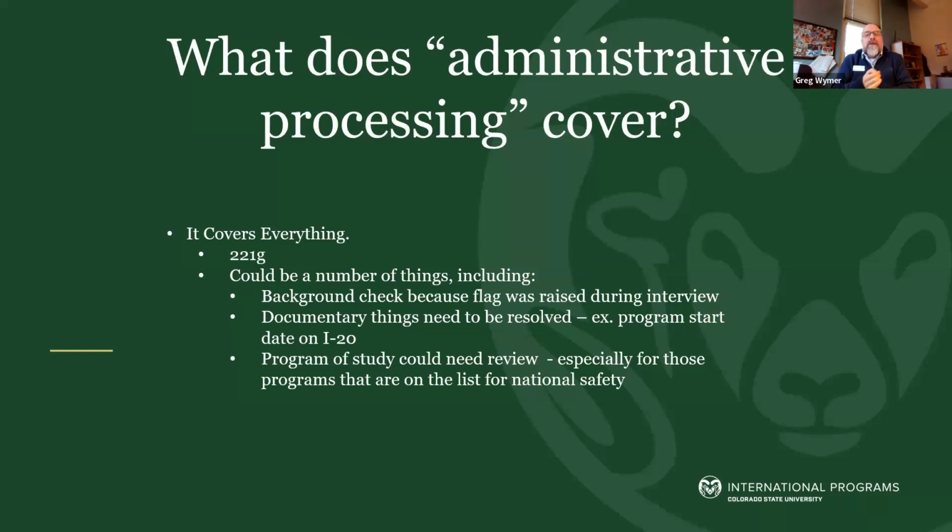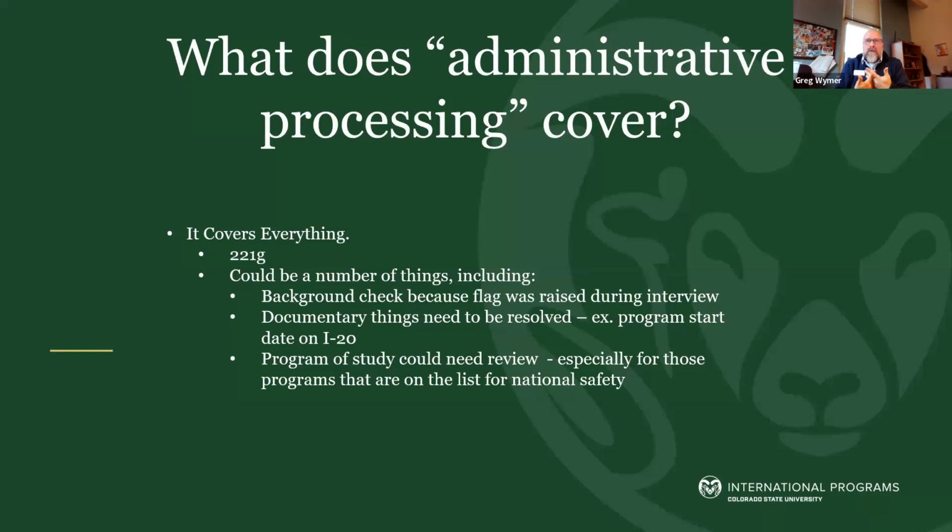Maybe you're an unlucky person that has the same exact name as someone who is on the watch list. And so as a result, they have to do more information, pull you up in a system, kind of double check that you're not that individual. So that could be a reason. Maybe documentary things need to be resolved, such as maybe there's a program start date on your I-20 that is either in the past or needs to be corrected.